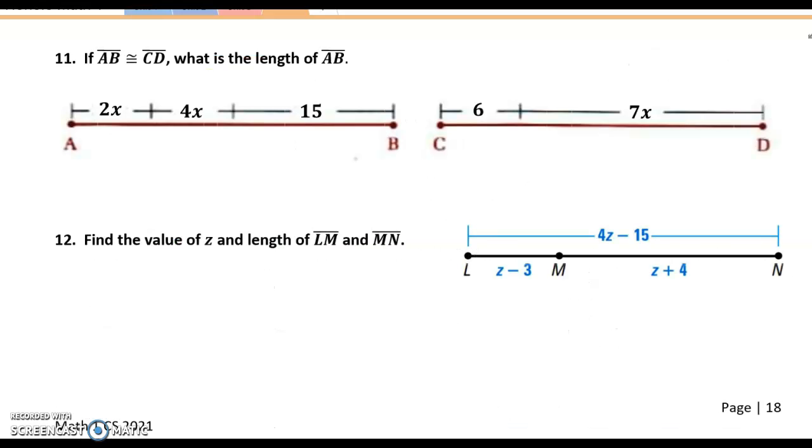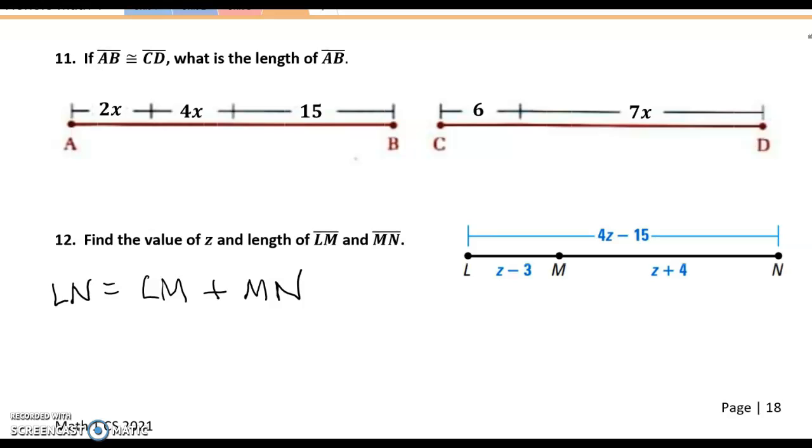All right, skip down to example number 12. Just find the value of z and then the length of LM and MN. Again, make sure you are writing a statement of either segment addition or segment subtraction as the basis for your equation. We start off with LN, the bigger segment.